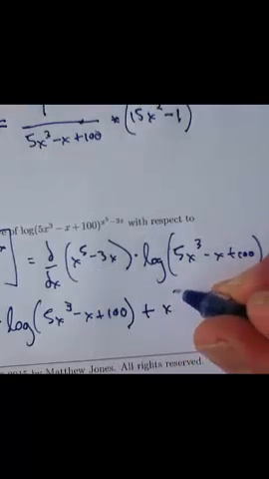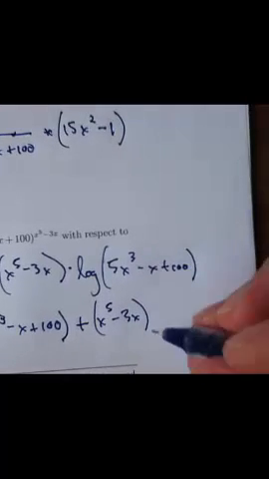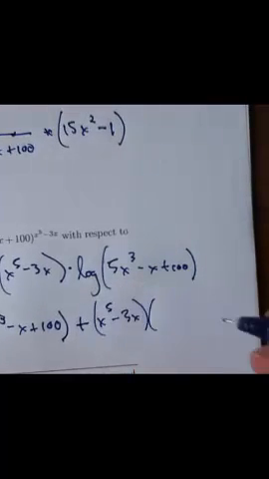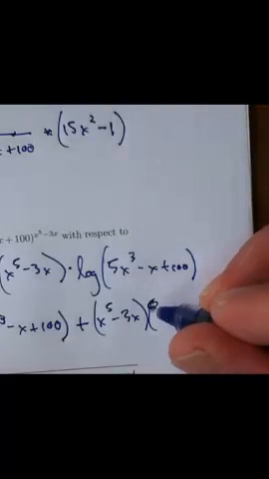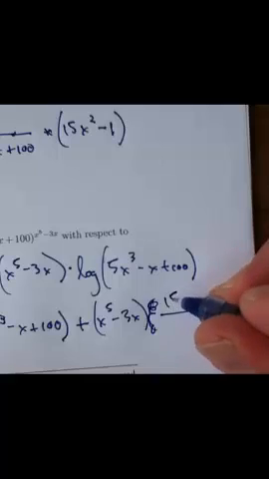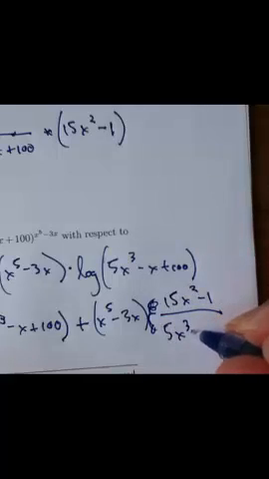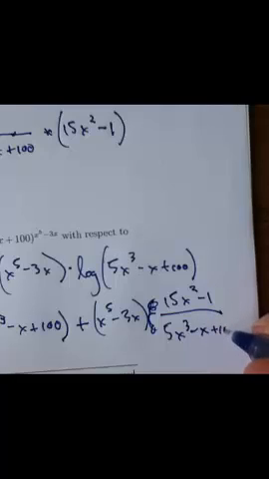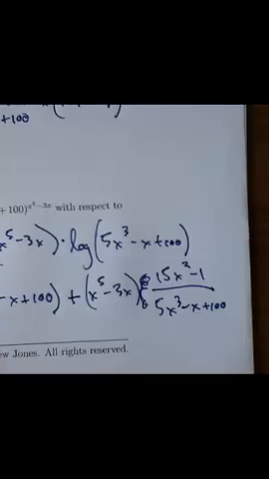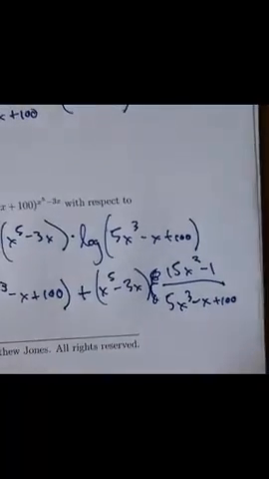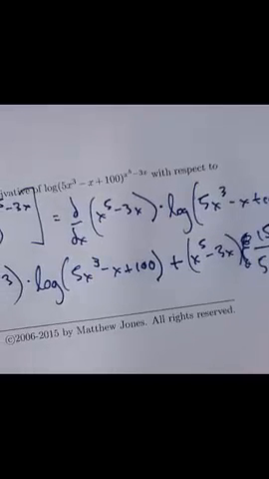Let me do it in reverse order. The derivative of this stuff is given up here to be 15x squared minus 1 over 5x cubed minus x plus 100. Very good. So sometimes you can mix and match these rules. You can use them several times over and over, and there you go.